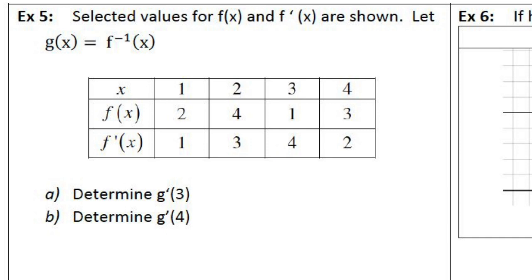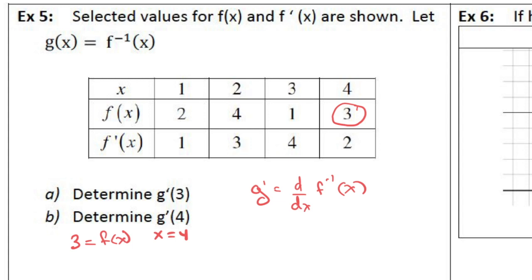Let's look at example 5. We're looking for g prime of 3, where g is the inverse function of f. Since we're looking for g prime of 3, that allows 3 to be equal to f of x. And when 3 is equal to f of x, that would mean that x is equal to 4. So f prime at 4, according to our table of values, is going to be equal to 2.